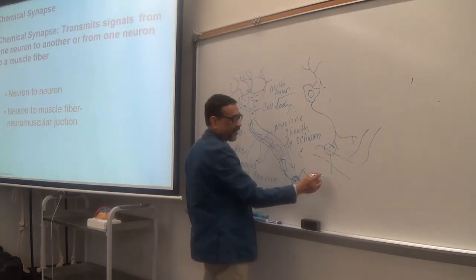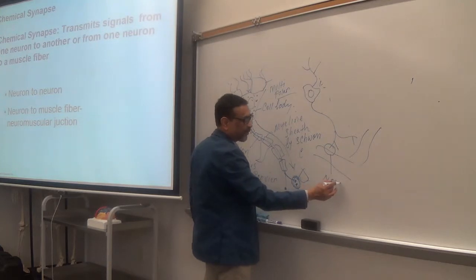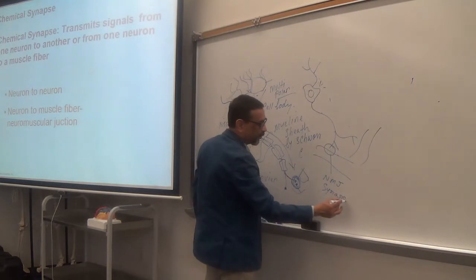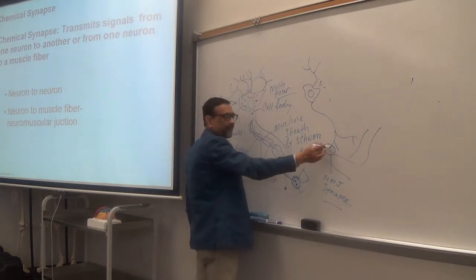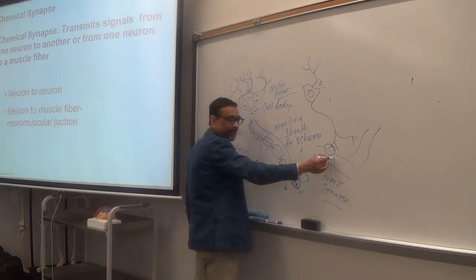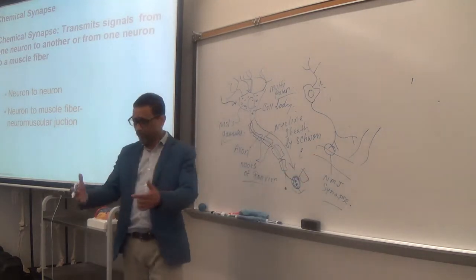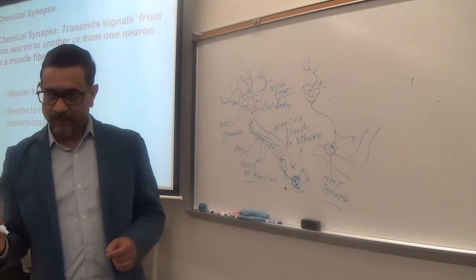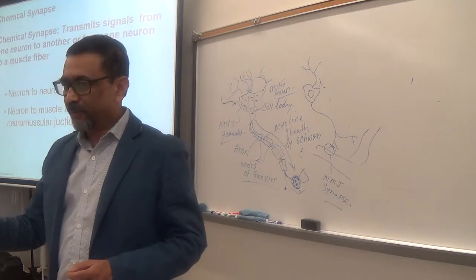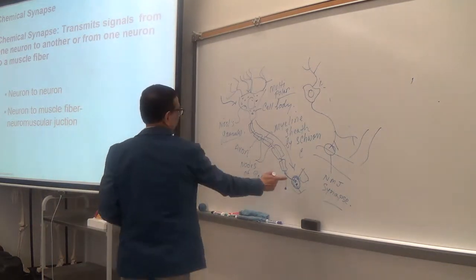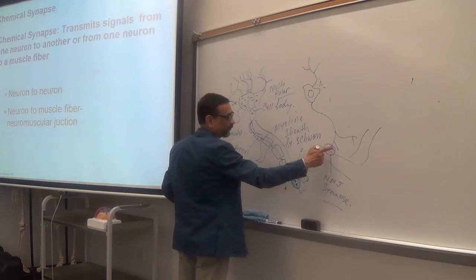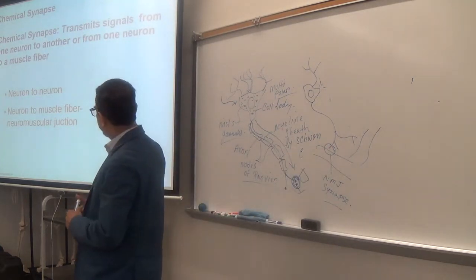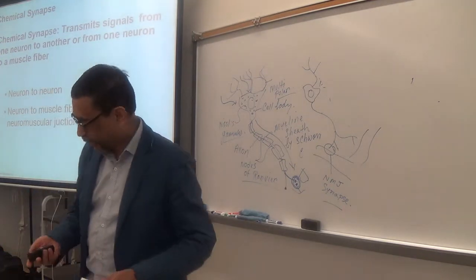The neuromuscular junction is a synapse between the neuron and the muscle fiber. That's why this is called the neuromuscular junction. Make sense? So a synapse could be of two types. Neuron to neuron, one type that I showed you here, and neuron to muscle. That is the neuromuscular junction.